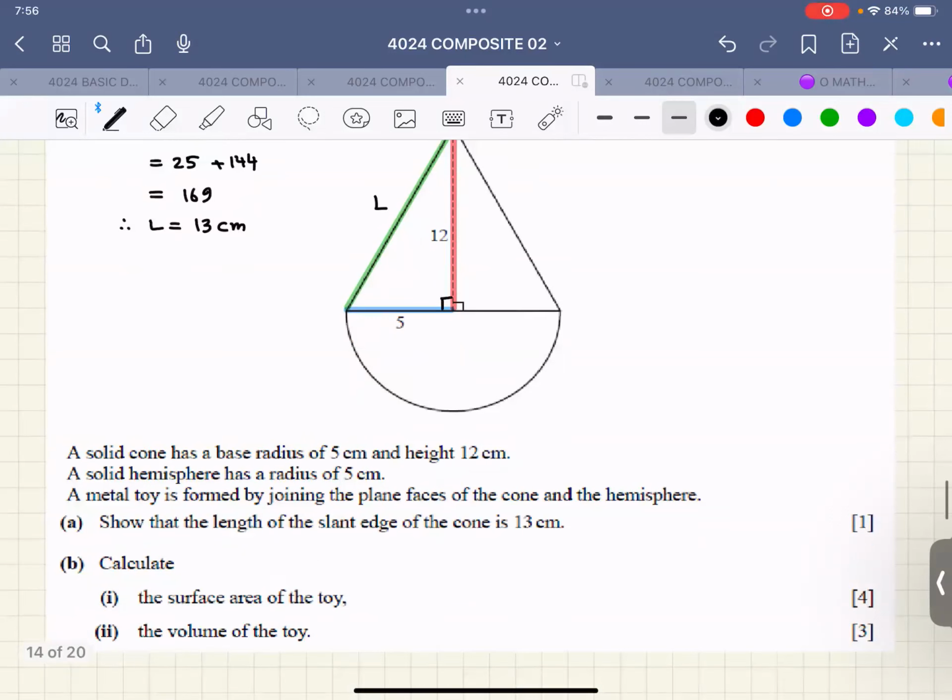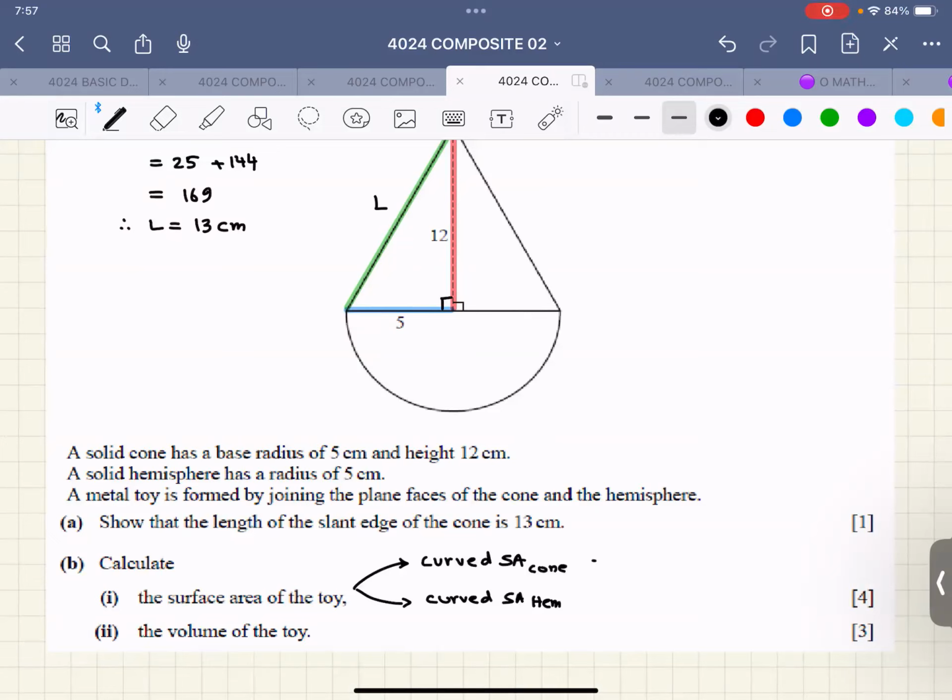Now it's asking about the surface area of the toy. The surface area of the toy consists of the curved surface area of the cone and the curved surface area of a hemisphere.